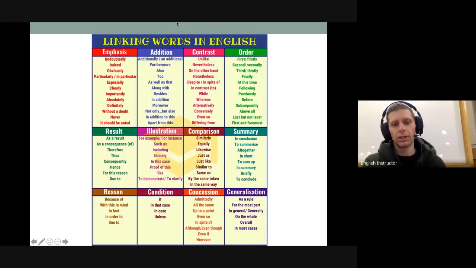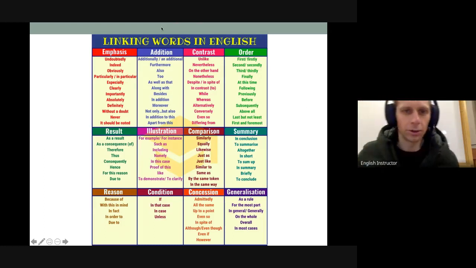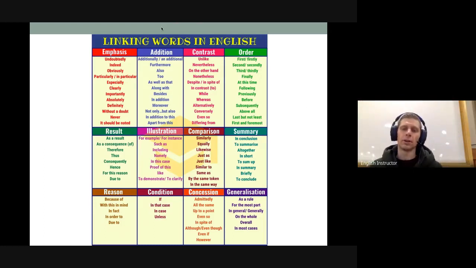And so I've included this nice chart here, although you can find a lot more online. But here are some groups of what I'll call linking words, which are the words that we use for transitions. So again, in order, you have first or firstly, second, secondly, third, finally, before, last but not least.